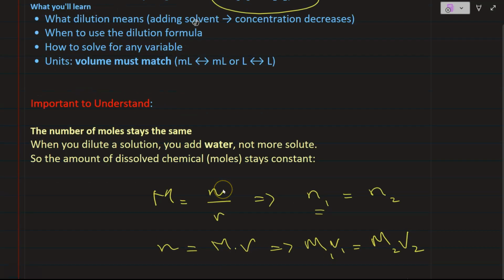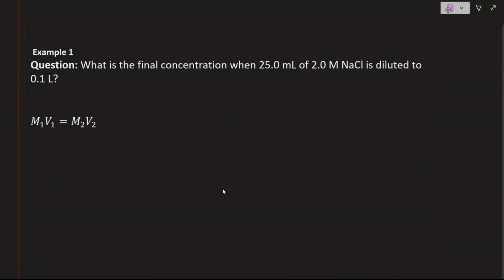Let's now look at the first question. Here it is, and let's see what we have. We have a 2.0 molar concentration of salt, sodium chloride, and we have the volumes. Let's write up what we do know. V1 is equal to 25.0 milliliter.